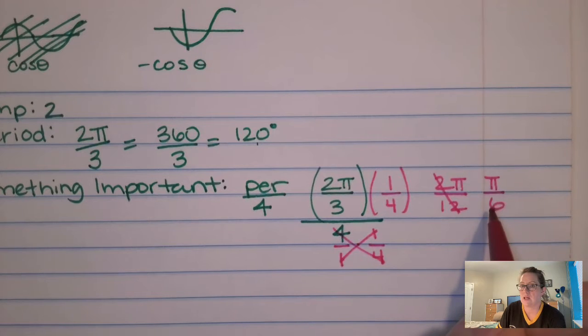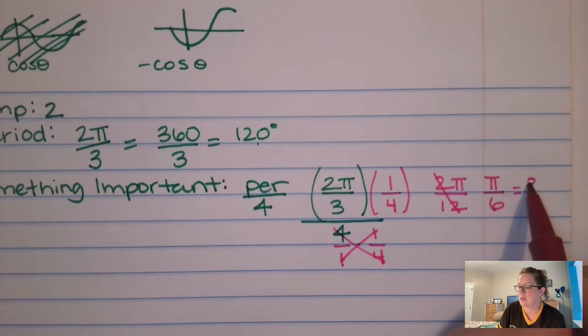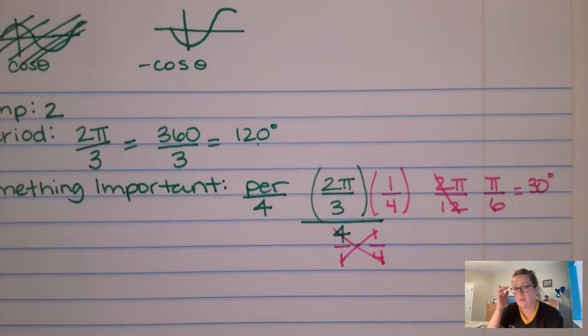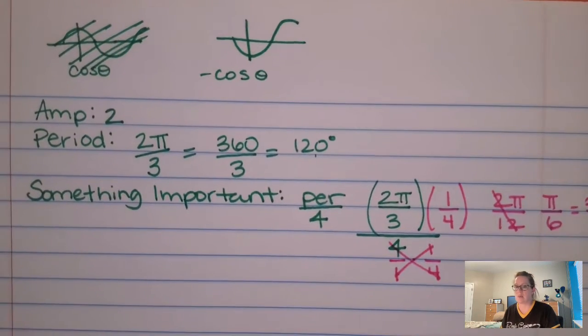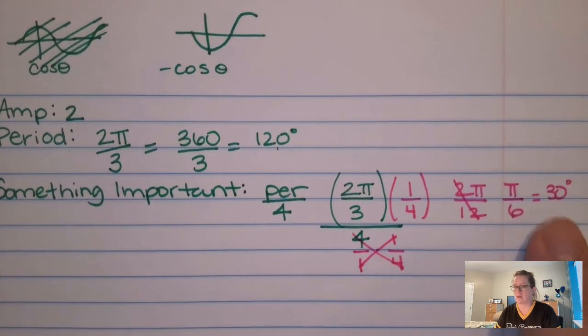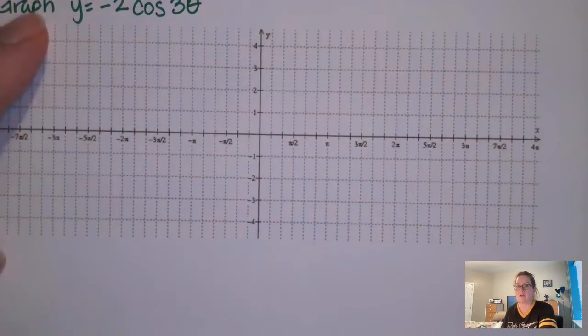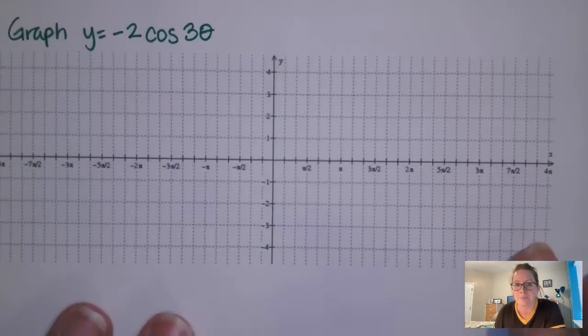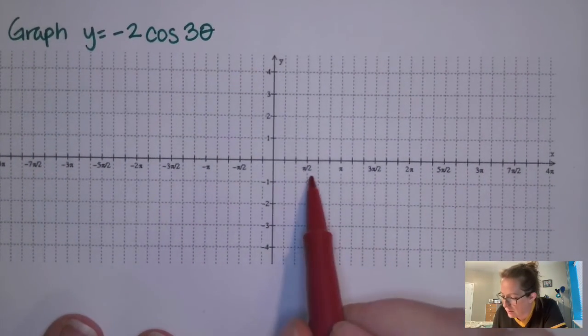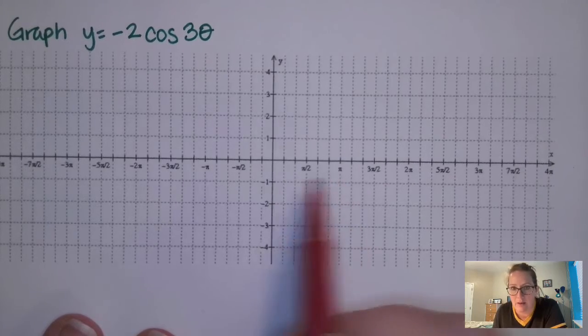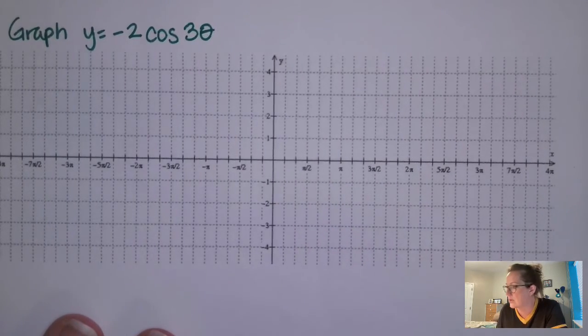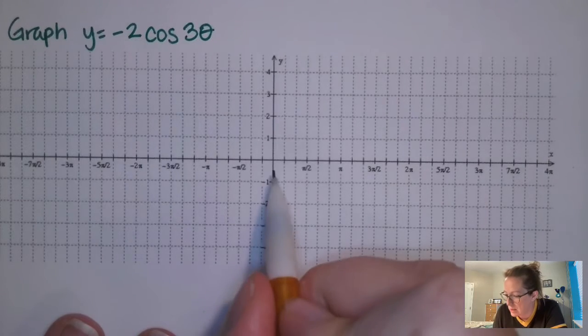Pi is 180. 180 divided by 6. So this is the same thing as every 30 degrees. All right, so something important is happening every 30 degrees. If I look at my lovely graph, we got pi over 2 and pi, and then I don't know what all these other values are. So let's go ahead and look at how many we have between 0 and pi.